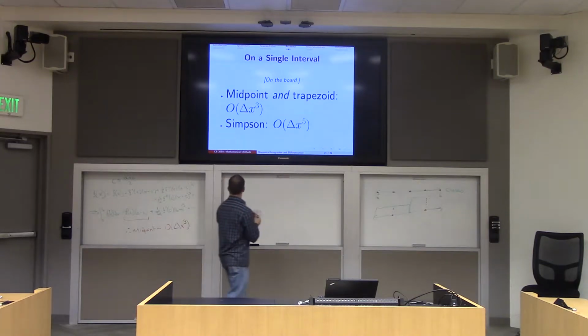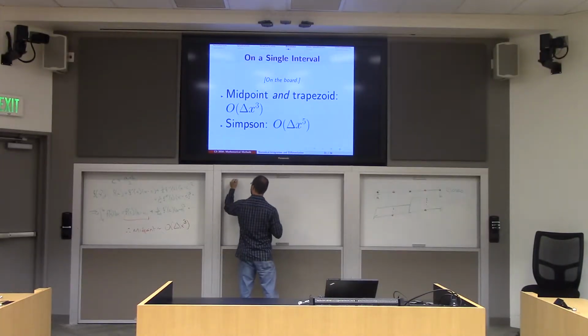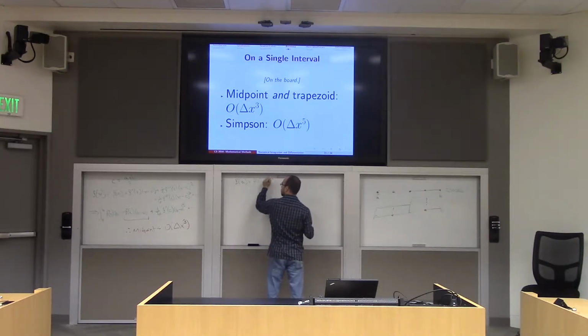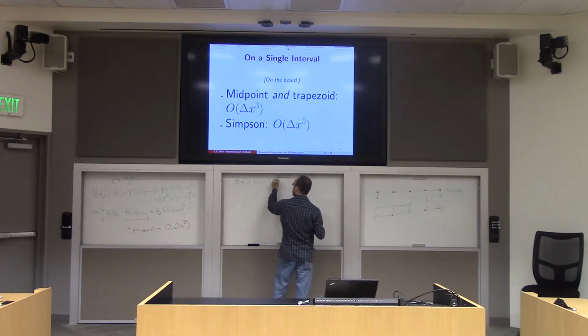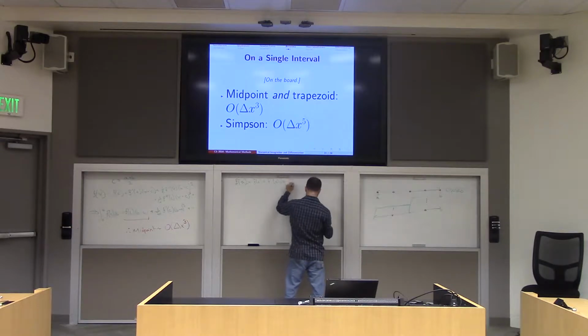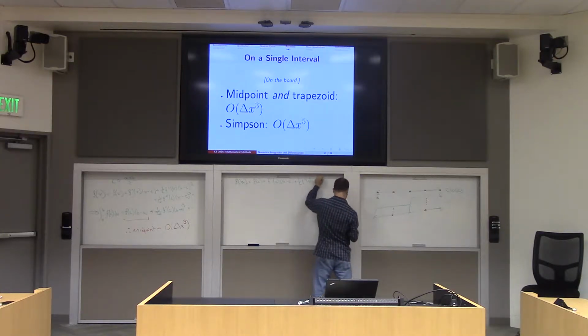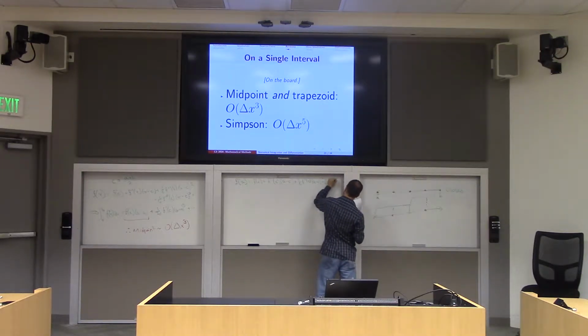So let's plug in f of a equals f of c plus f prime of c times a minus c, plus 1/2 f prime prime of c times a minus c squared, plus 1/6 f triple prime of c times a minus c cubed, plus other stuff.